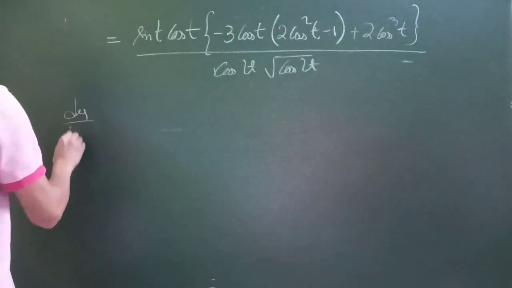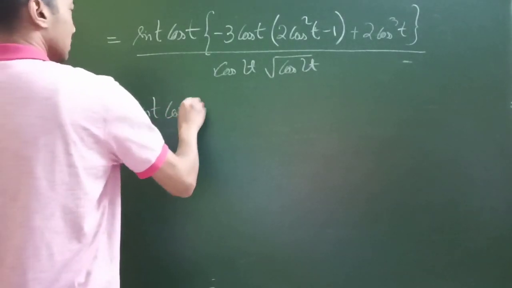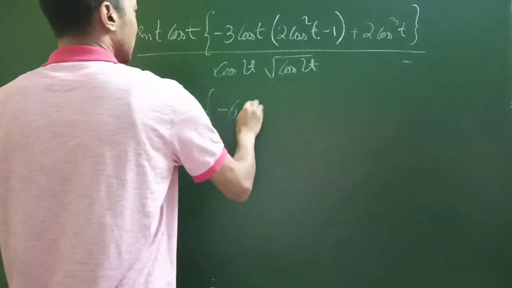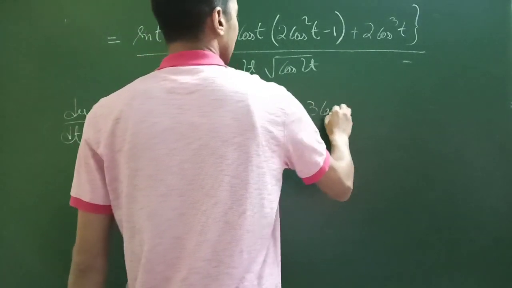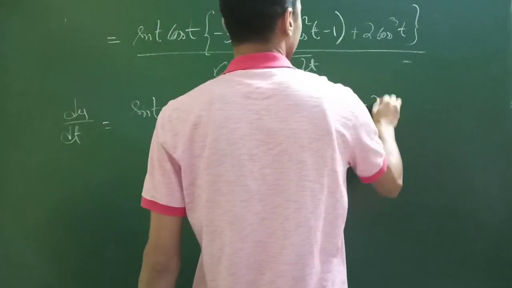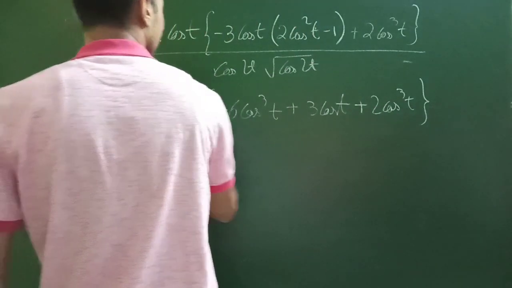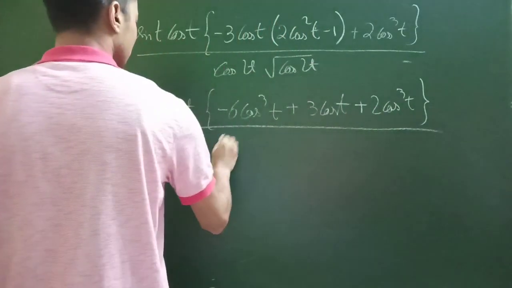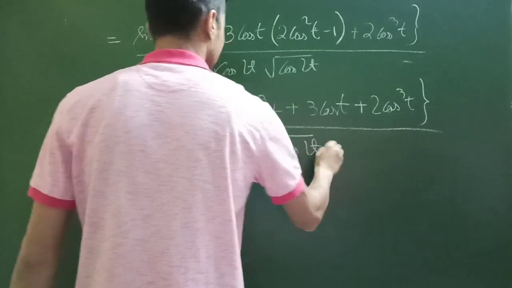So dy with respect to t, sin t cos t, minus 6 cos cube t plus 3 cos t plus 2 cos cube of t, over cos 2t root over of cos 2t.